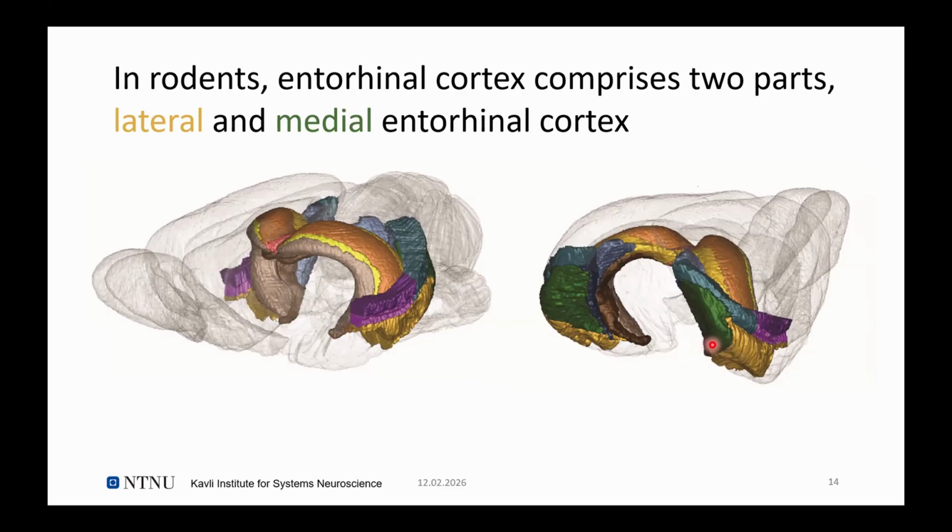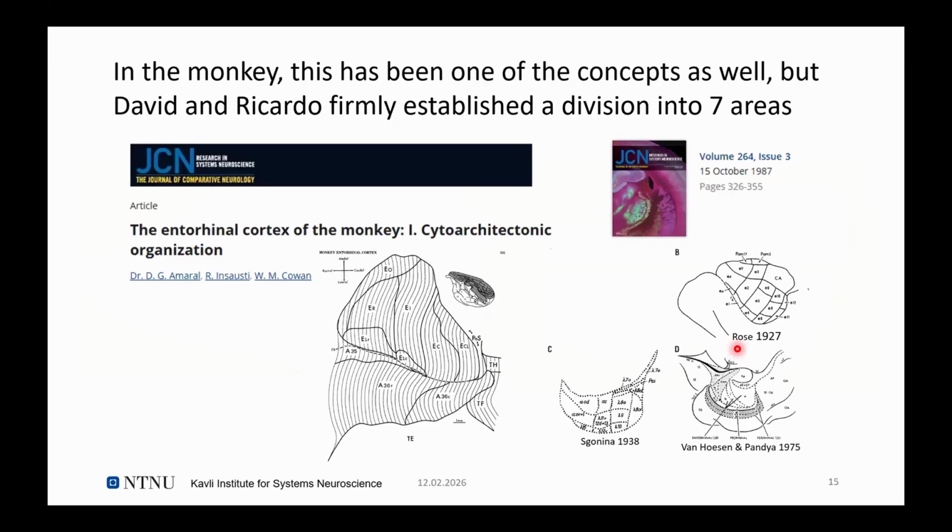The entorhinal cortex was an entity that was important because it provided an input to the hippocampus. But most of the rodent work was focusing on the subdivision into two. But as I said, there were other subdivision schemes. And I think that the work of Ricardo, together with David Amaral, firmly established a subdivision in the monkey where they proposed 7 different subdivisions.